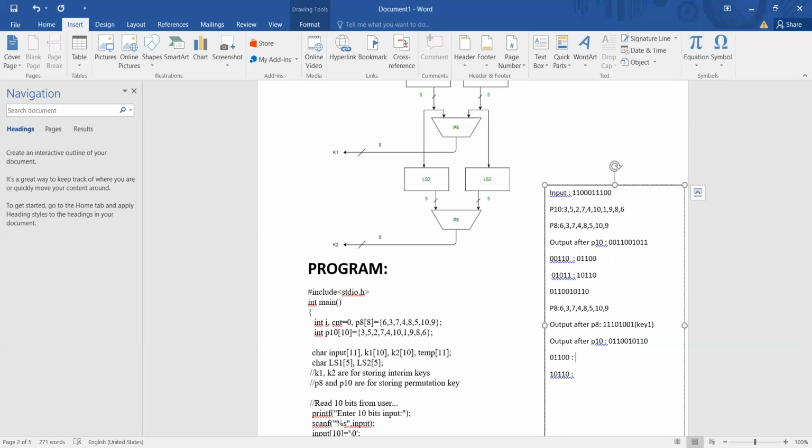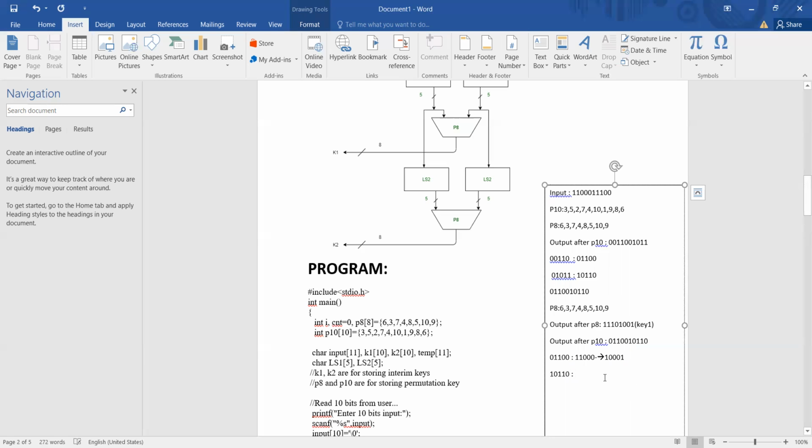Now we have to do the left shift twice on both the sides. After doing the first left shift, the output would be like double 1 double 0 0. And after the second left shift, we are going to get 1 double 0 0 1.